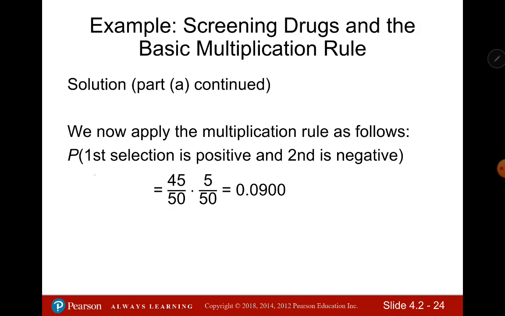Let's check the probability here. The first positive and the second negative. Because we already know by the formula for A and B, we should use this one: probability of A times the probability of B, but this B has a condition.